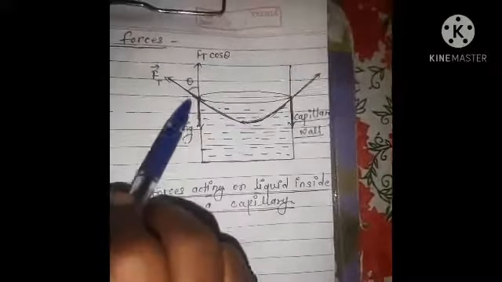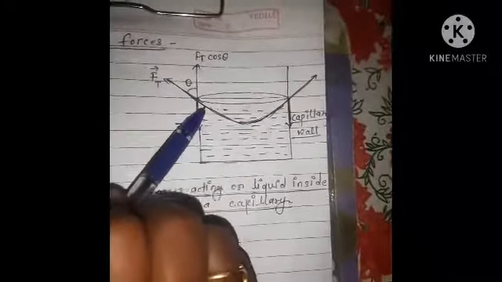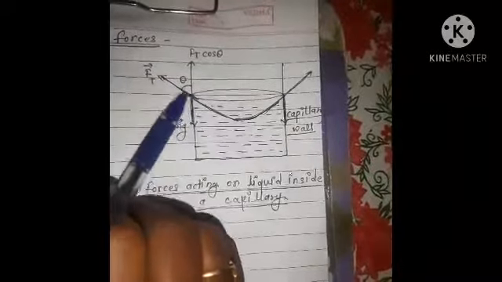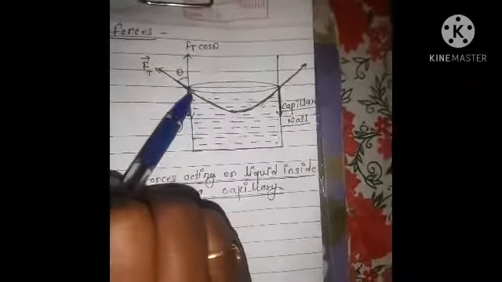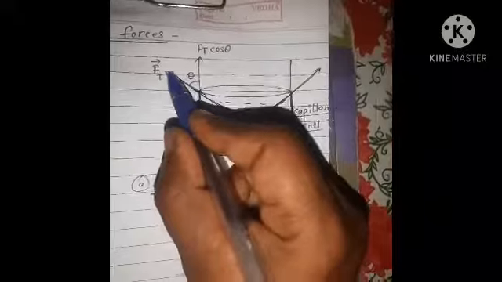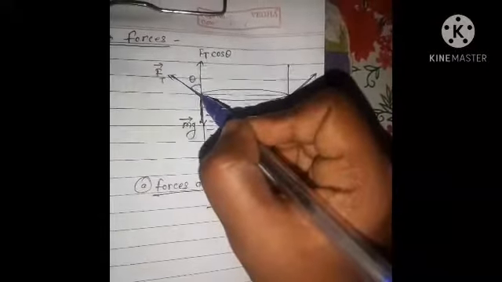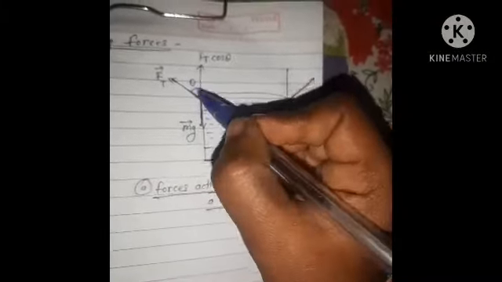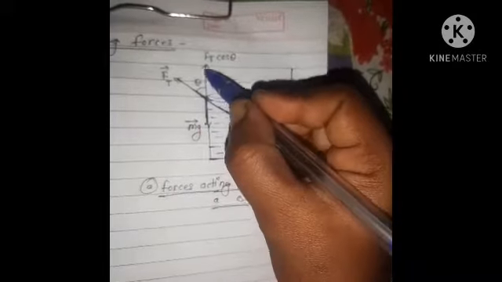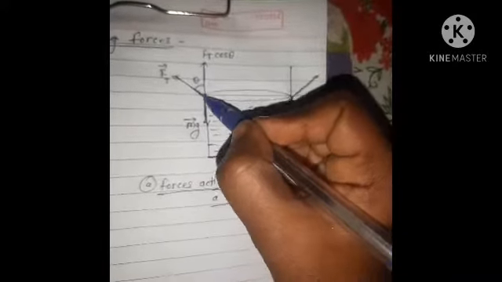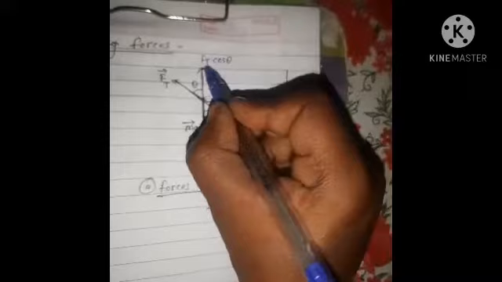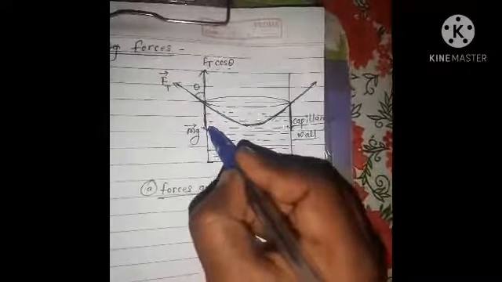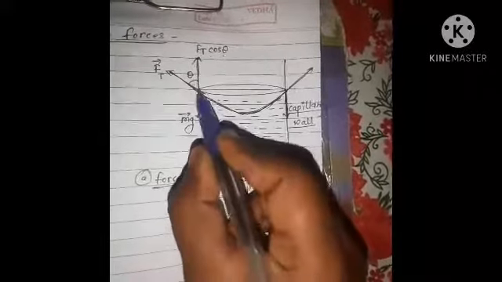The force due to liquid is Ft along this tangent. The vertical component of this force Ft is along this vertical line. Ft cos theta is balanced by the weight of the liquid.